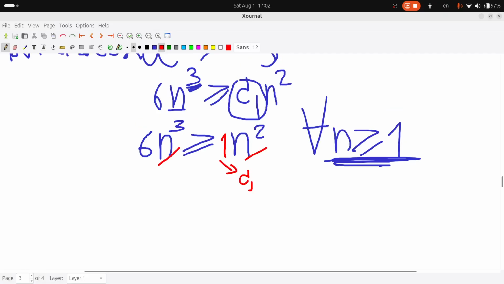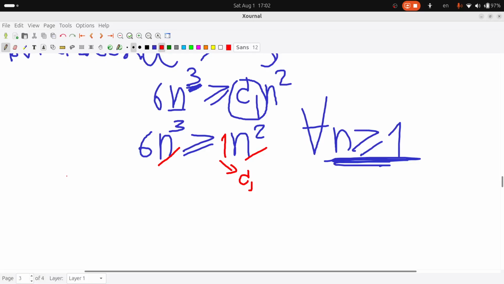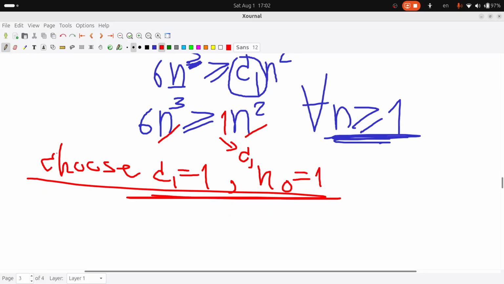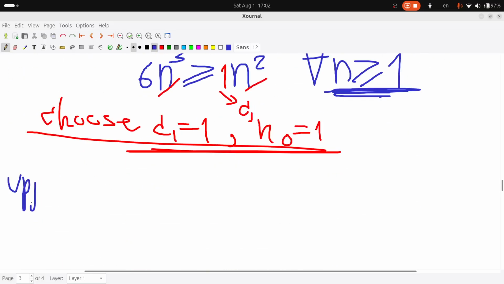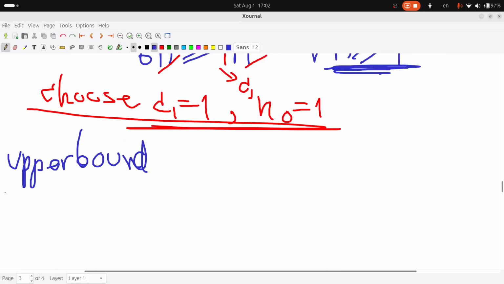So now we can write this and choose C1 is equal to 1 and the starting point is 1. We can write this shortly in the summary later. So the next thing is the upper bound. Now we have proved the lower bound. Next we have to prove the upper bound.